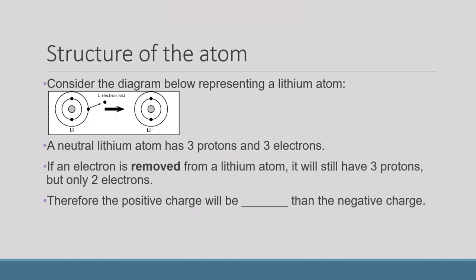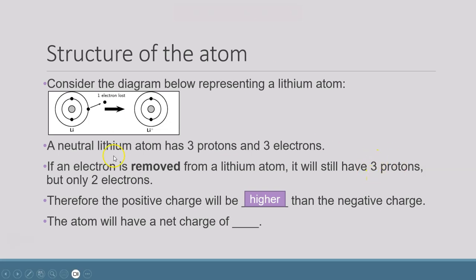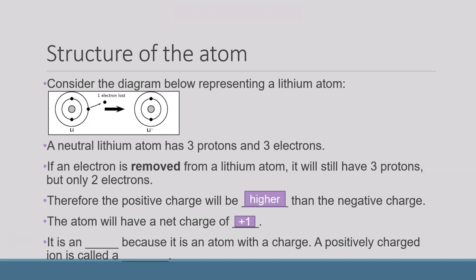So the positive charge is higher than the negative charge. Plus 3 minus 2 gives us a net charge of plus 1. So the lithium atom that has lost an electron will have a charge of plus 1.